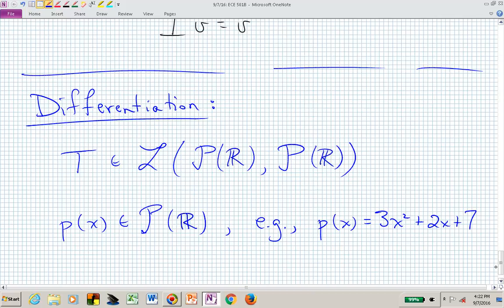Now the notation that is being used is that T, this linear map, is an element of capital L. Script L is all of the linear maps that map between the set of all polynomials over the reals into the set of all polynomials over the reals. Now we're just taking a particular linear map out of that collection of maps. And T, we're saying, is going to be the differentiation map.